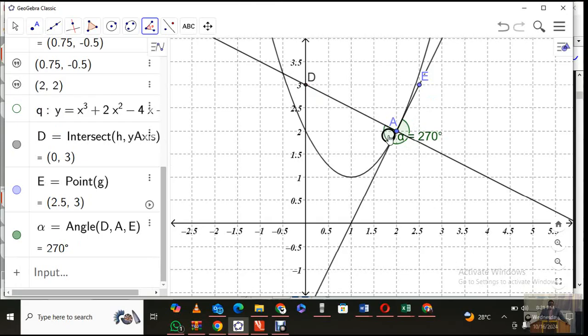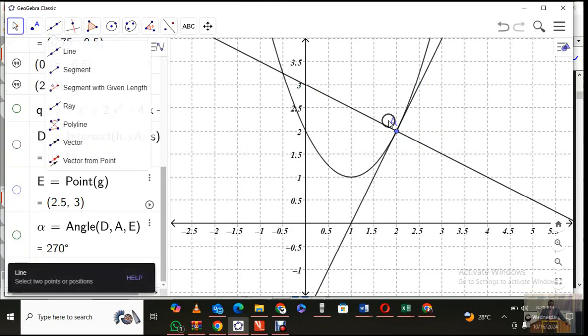So that whole angle on the other side is 270, so this angle here inside has to be 90 degrees. So let's just remove that so we don't need these unnecessary points. So this angle here is 90.